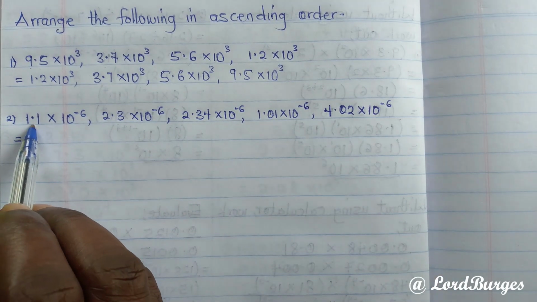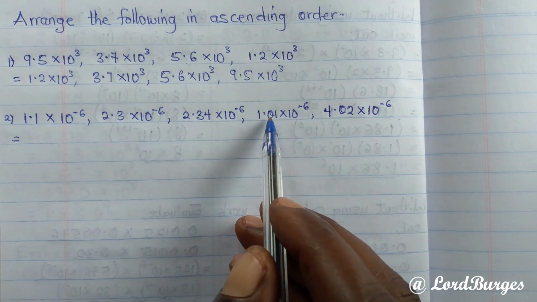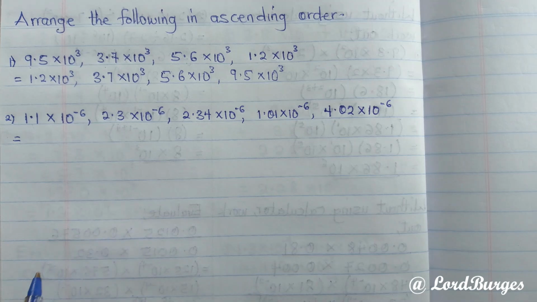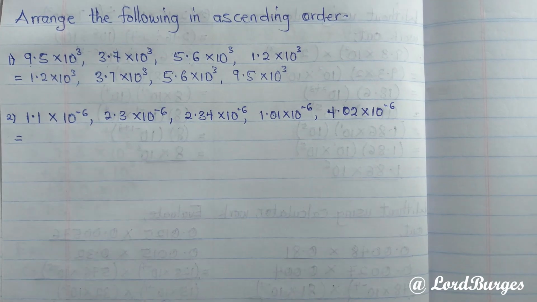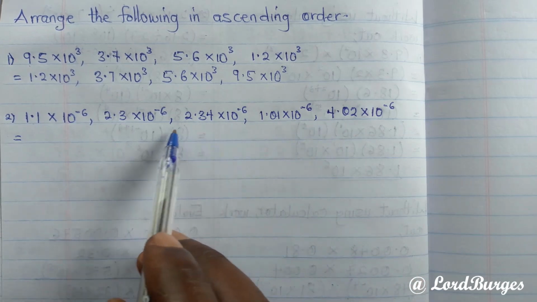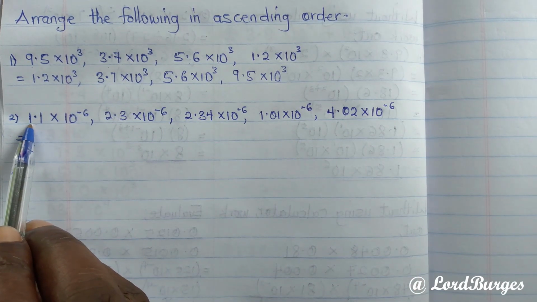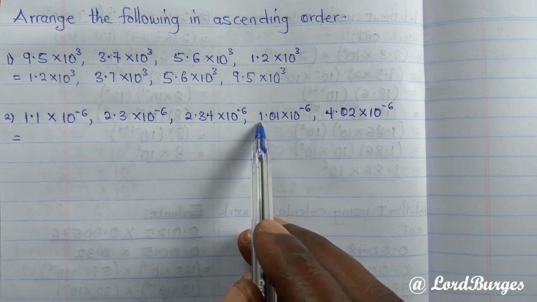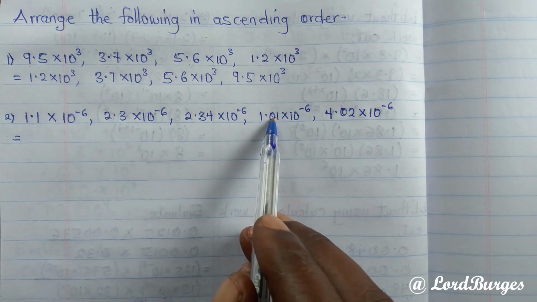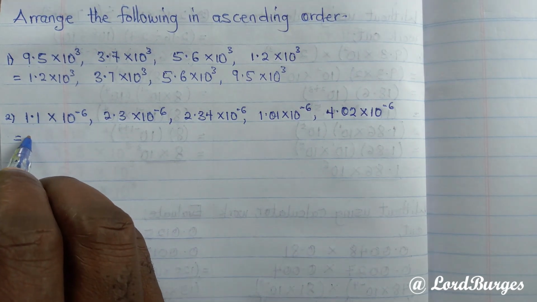So this is 1.1, 2.3, 2.34, 1.01, and then 4.02. With all these decimals, the smallest digit here is 1, but there's another one here. So 1 and 1. Let's check the next, 1 and 0. Therefore, the 0 happens to be the smallest.